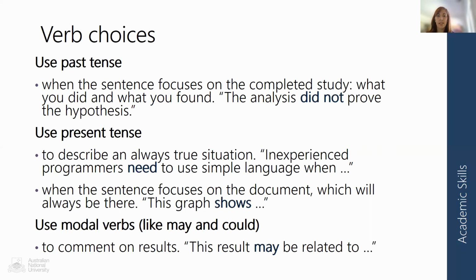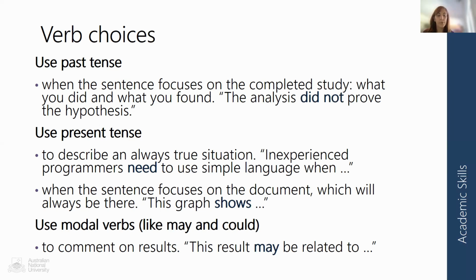But present tense you also need to use, and you just need to think about the context. That's for always true situations. If you're talking about constant truths, that's part of your context: inexperienced programmers need to use simple language. That's always true, so that needs to be present. This graph shows: the graph is always going to show it, no matter who looks at it when, it's always going to show what you've said it shows.